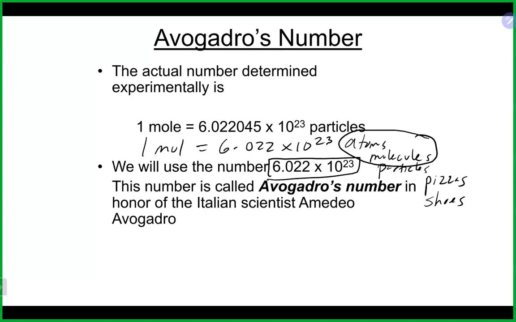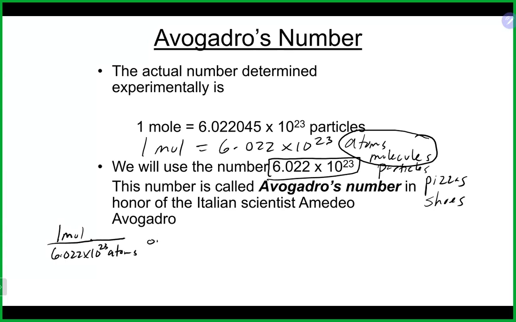And what do we do with this thing? Well, this really should be thought of as just a conversion factor. Like any equality, you could write 2 conversion factors for this. You could write that 1 mole of anything has 6.022 times 10 to the 23 atoms.